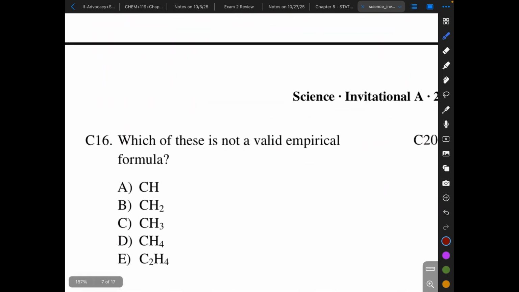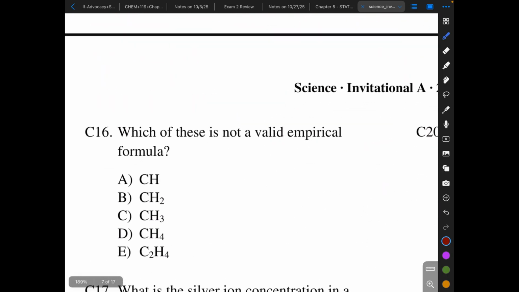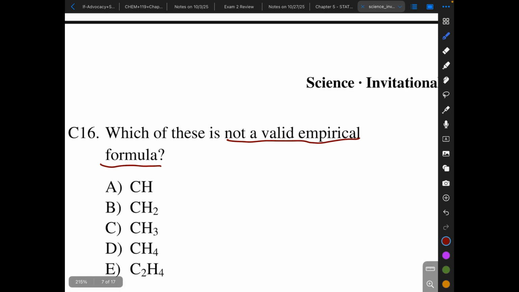For 16, we're asked to find which one of these is not a valid empirical formula. An empirical formula is a formula where every atom in a compound has the smallest number of coefficients, or subscripts.